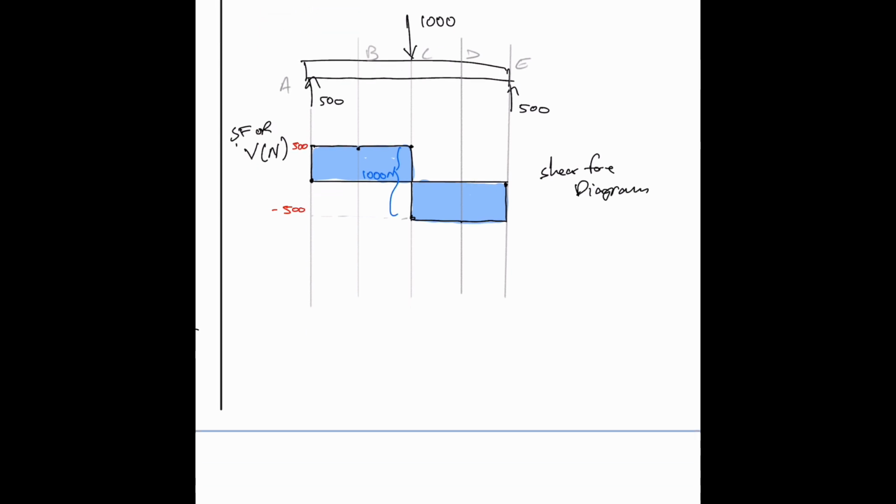The next one now is your bending moment. On the same sketch, we could draw another axis, and we will call this bending moment. Units again, units are always important.